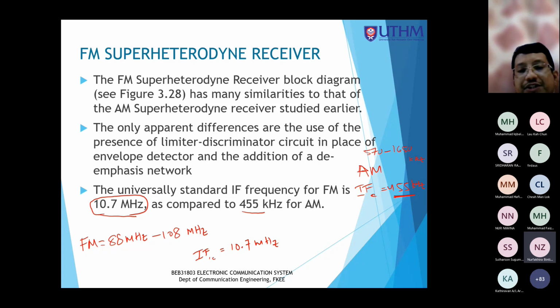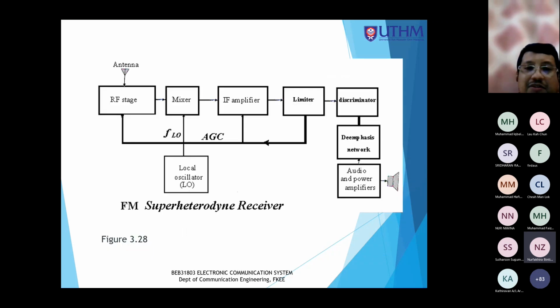This is the first down conversion. Then we down convert again to the second IF, whose center would be at 455 kilohertz. So in FM, we down convert to 10.7, and then we down convert to 455 kilohertz. How do we do this? I will show you later.